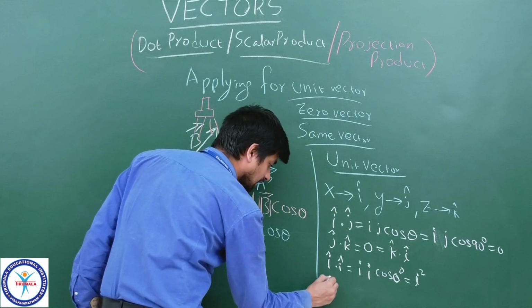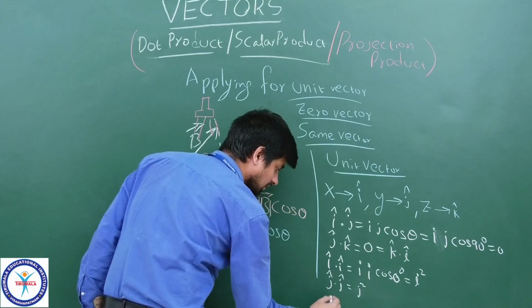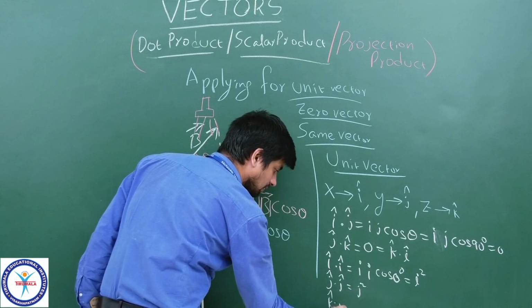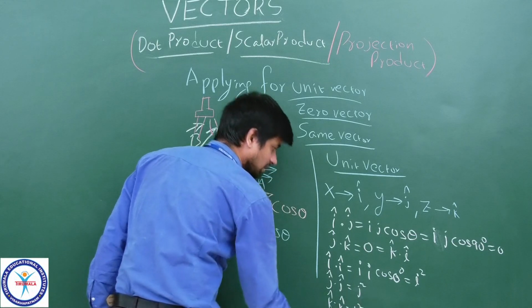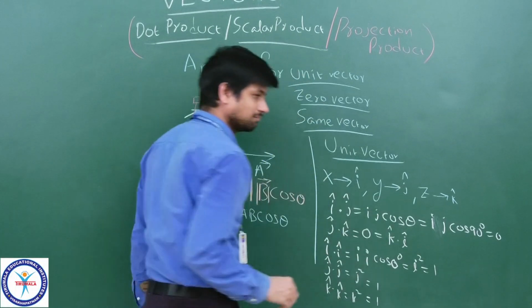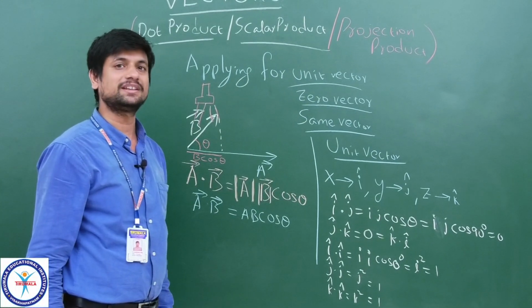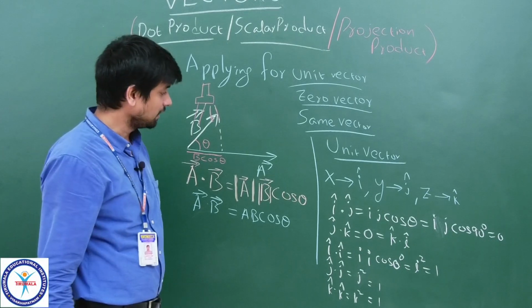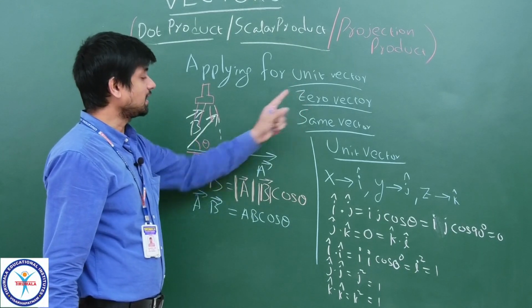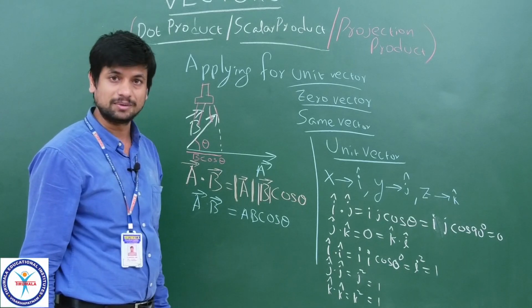So j cap you will get j square, k cap you will get k square. Simply 1, because the unit vector's magnitude is 1. So in this way, for the unit vectors, if you apply the dot product, the answers will be like that.